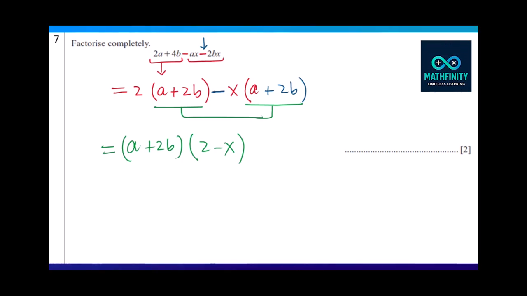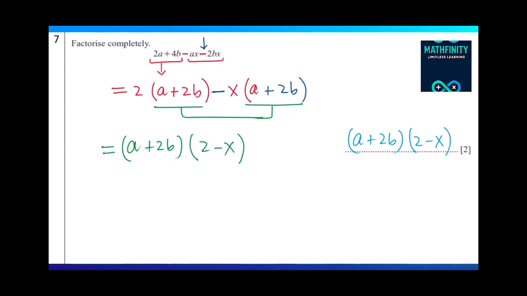But you have to write in the answer space a plus 2b and 2 minus x. As I told you in the previous question, you can rearrange the factors, it doesn't matter. Hopefully, guys, you understand. If you have any doubt or any confusion, you can discuss with me.